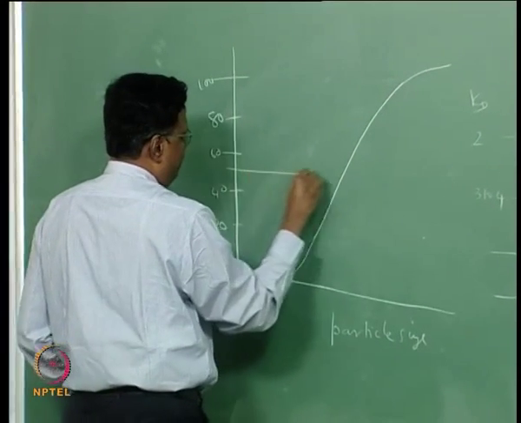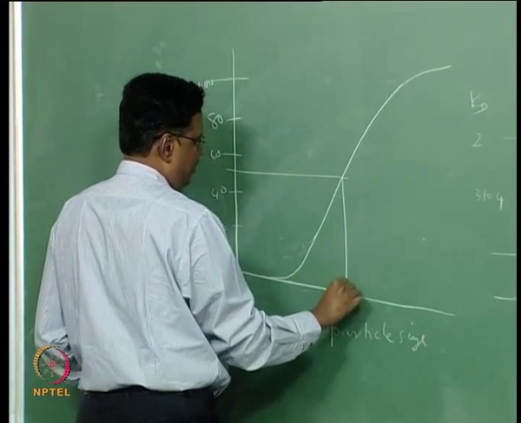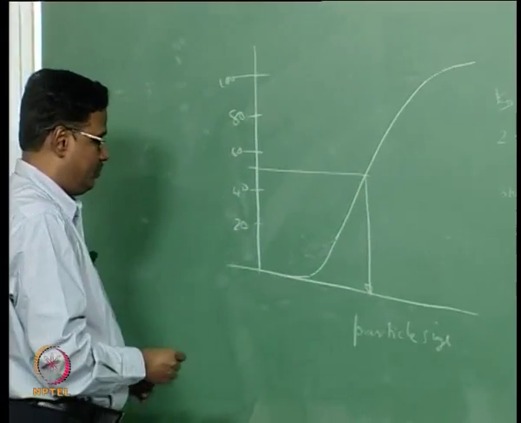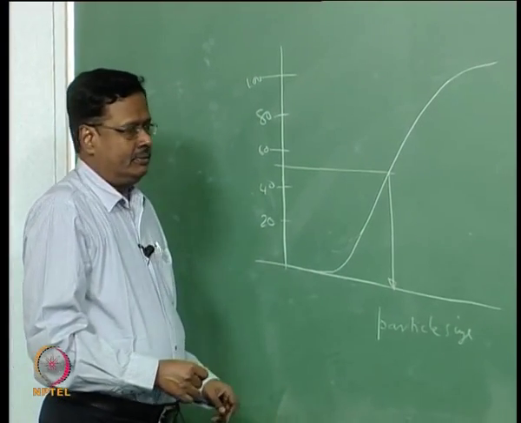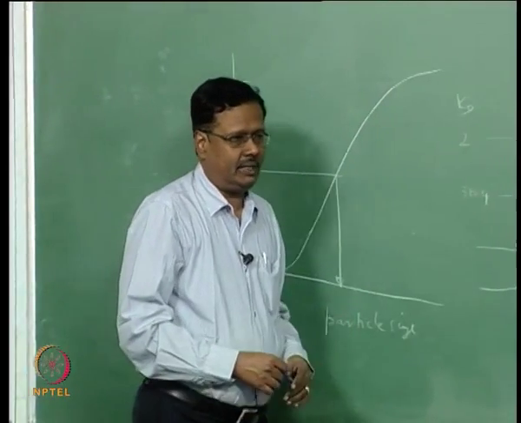So you take this 50% and find out what is the diameter which is passing through. The curve is something like this, some kind of S-type curve.